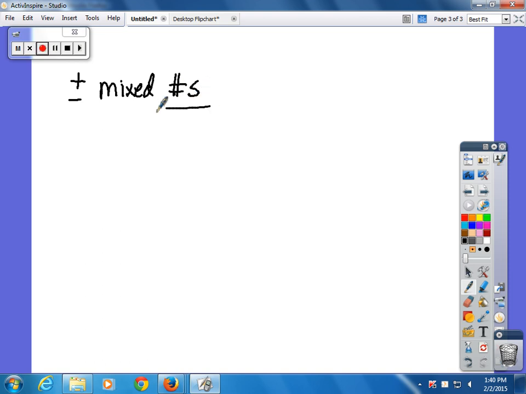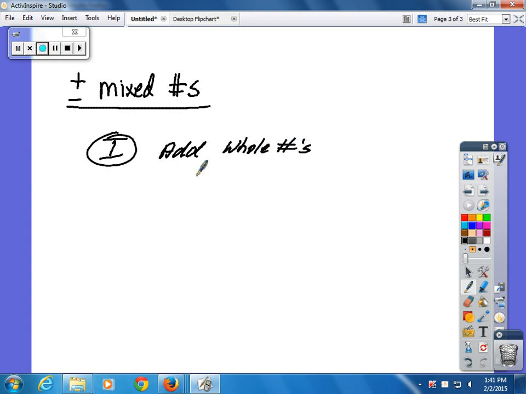Now, there are two ways to add and subtract mixed numbers. One is you can add the whole numbers up and then add the fractions up, and then adjust accordingly. Or you can change both of them into what? Improper fractions. I don't care which way you do it. One method is to add whole numbers, then fractions.